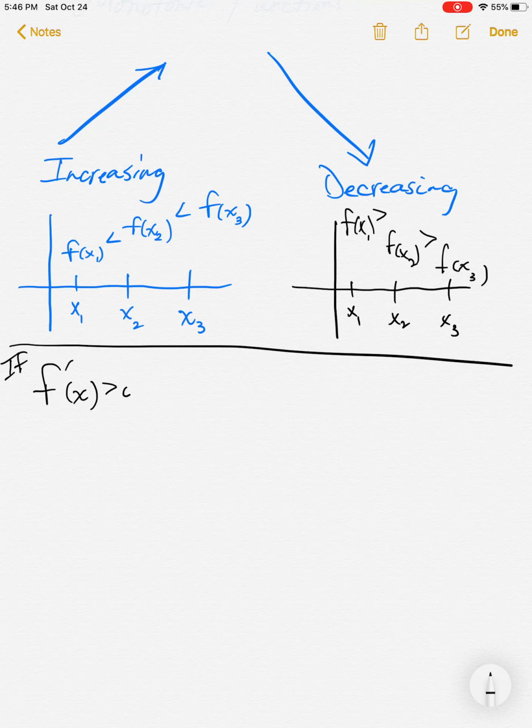If f prime of x is greater than 0, so if the first derivative is greater than 0, and this is true for every x value in an open interval AB, then the function is monotonically increasing, and f is increasing.